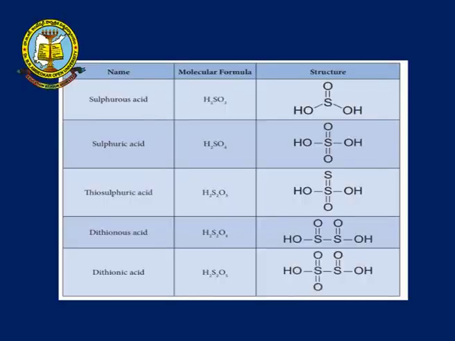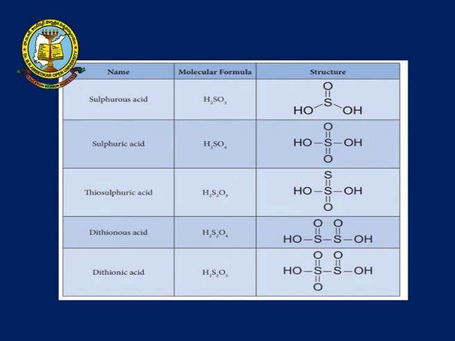The total oxy acids of sulfur we can classify into 4 categories. Us means the suffix sound is us, sulfurous. The formula is H2SO3, sulfurous acid. Ic acid is the type containing more oxygen: H2SO4, the name is sulfuric acid.